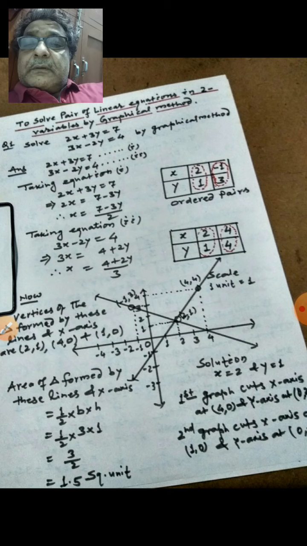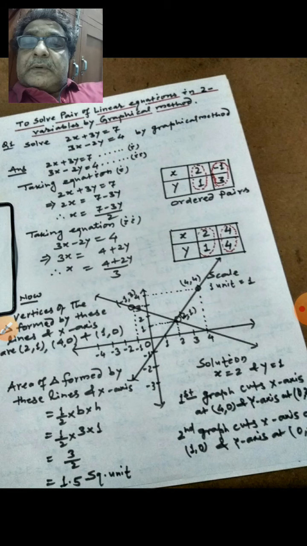Students, you recall last year in class 9 you have already drawn the graph of a linear equation in two variables, of one equation. The same work here will be done for both equations, that is, the pair of given equations.